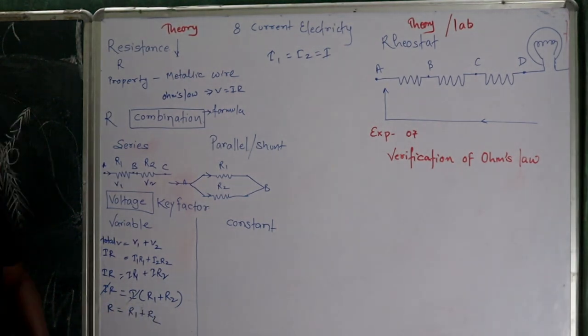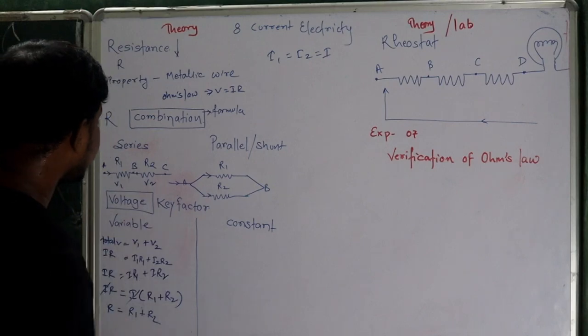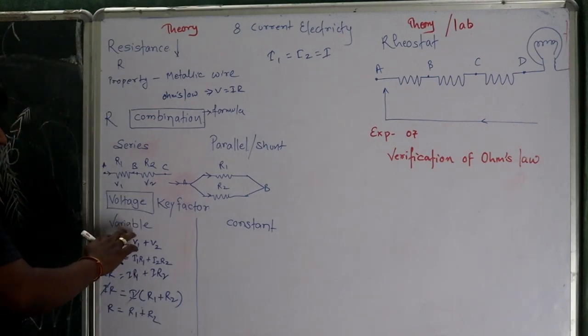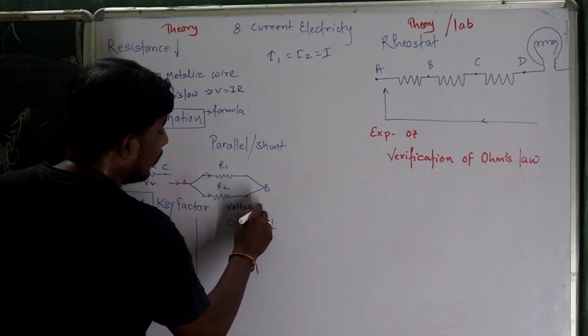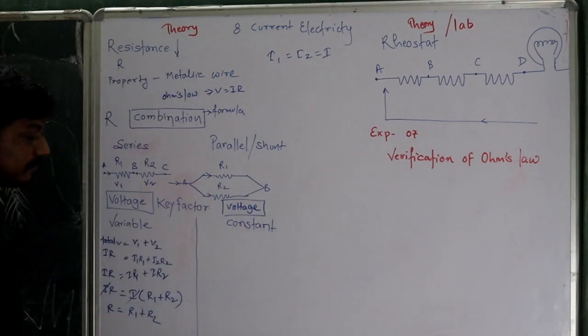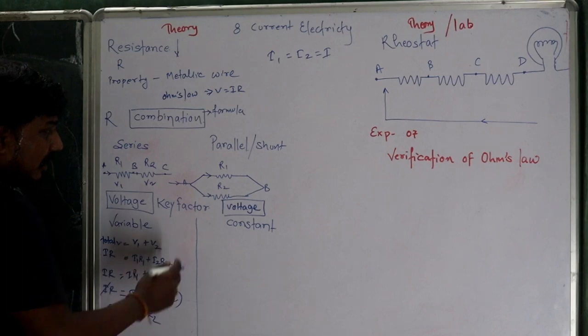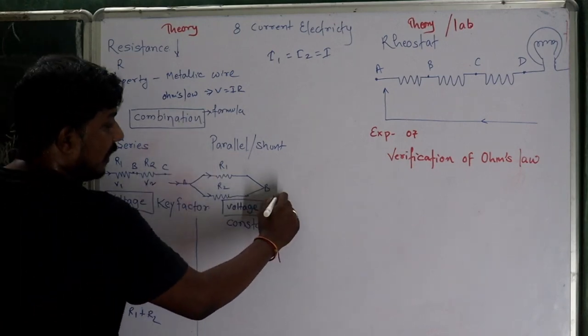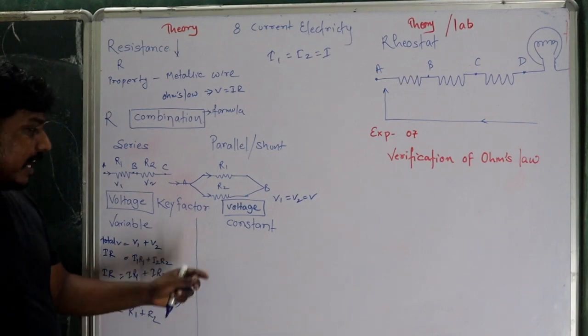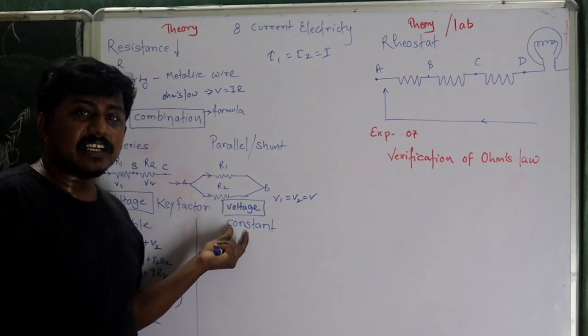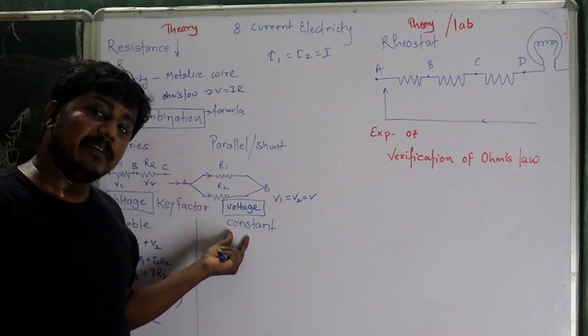It's very simple. Now coming to the parallel. Voltage we took as variable in series, now here we will take it as constant. Constant means V1 is equal to V2 is equal to V. Clear? If voltage is constant, then what will be the variable factor?